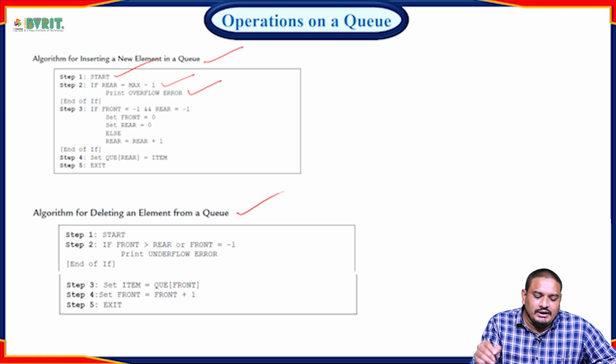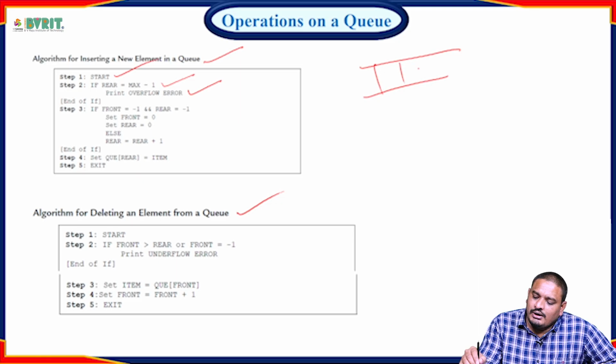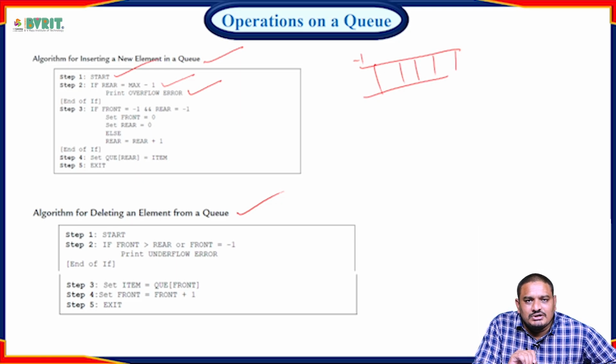Otherwise, initially the front and rear are both at minus 1 position, which means we have not inserted any elements. Now we set front equal to 0 and rear equal to 0.